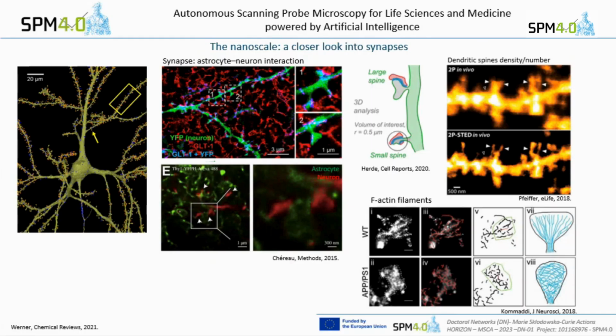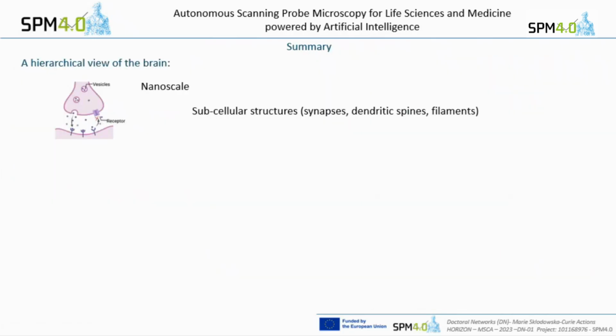But what we don't know yet is how, at this scale, these subcellular structures are interfering or contributing to mechanical properties of the cell and the microenvironment. So to give you a summary, I hope you could have an overview of this hierarchical structuring of the brain from the nano to the microscale.